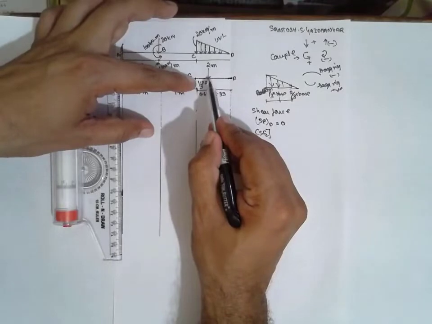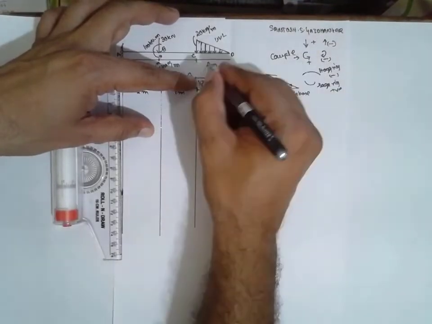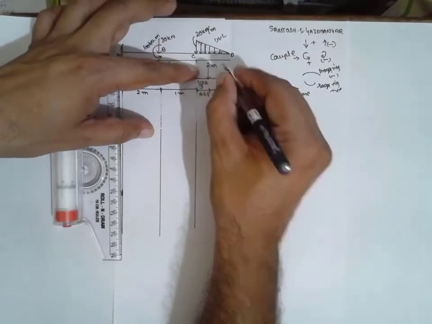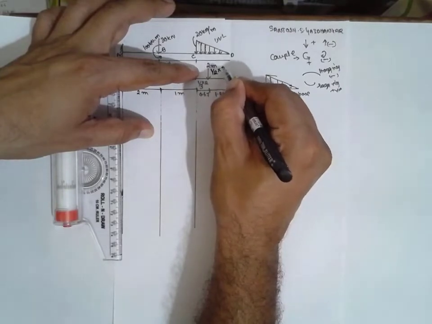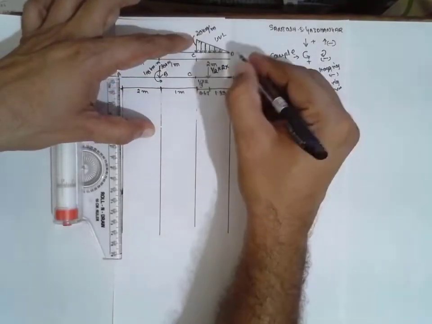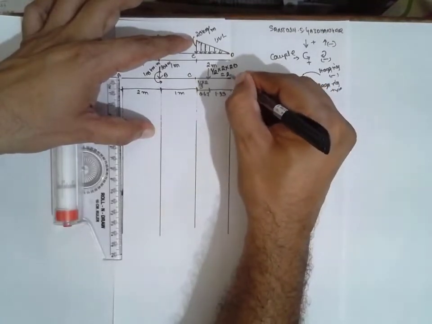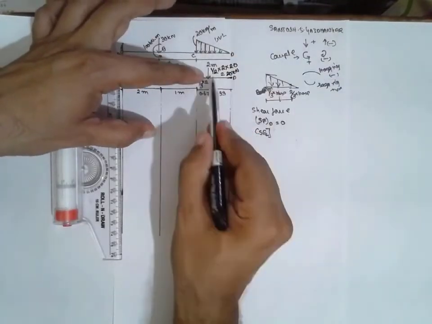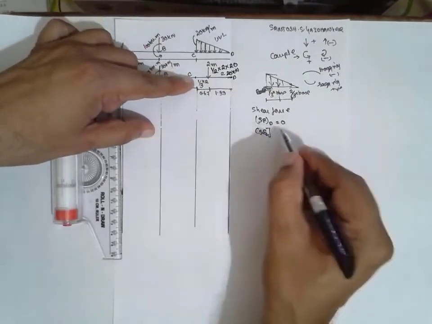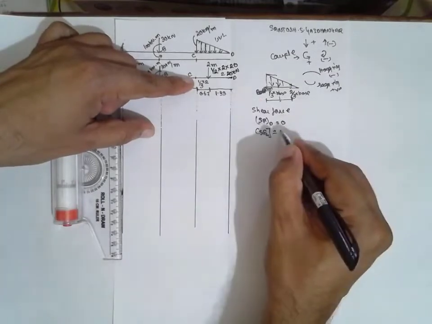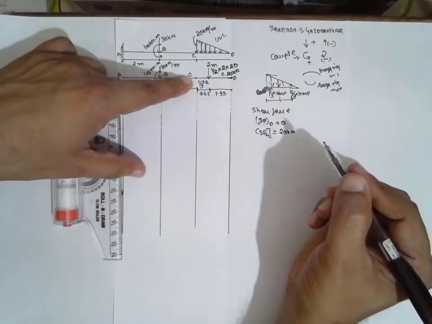If it is downward, we are considering it as positive. We have to write 1/2 into base into height 20, which is nothing but 20 kilonewton. So the shear force at C is plus 20 kilonewton.